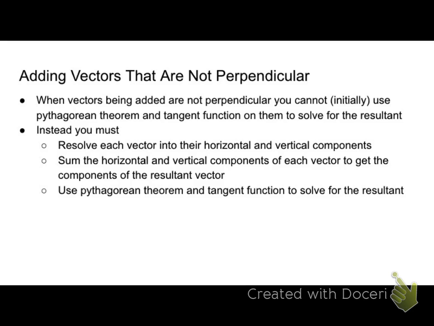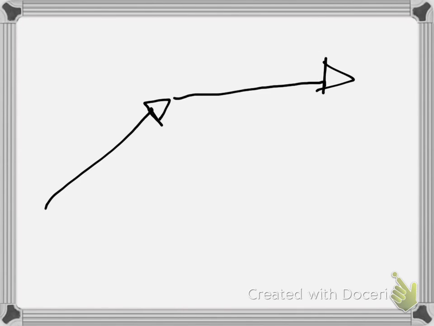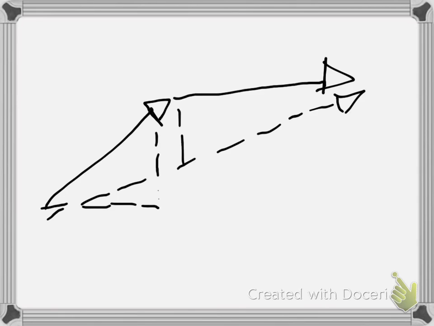A nice picture of this, okay? So let's say you have a vector moving this direction, and then you have another vector that goes this direction-ish. They're not at right angles to each other, and we know that this right here would be our resultant, but we can't use Pythagorean theorem to solve for it. So instead, we find this vector, and this vector, and then this vector and this vector for the other one.